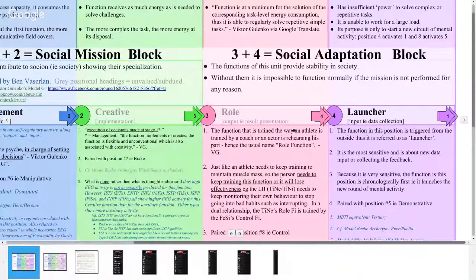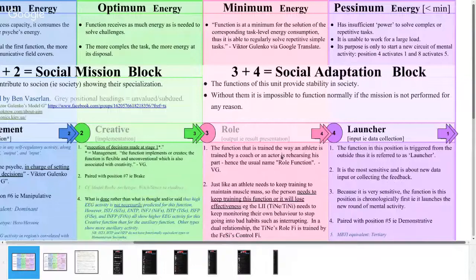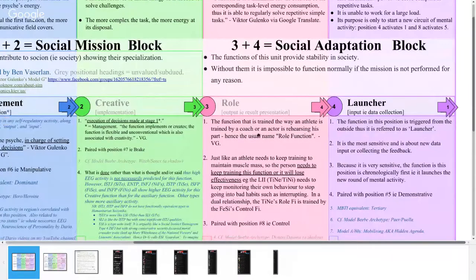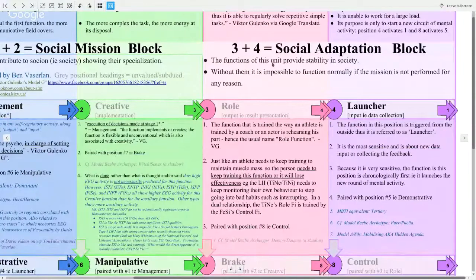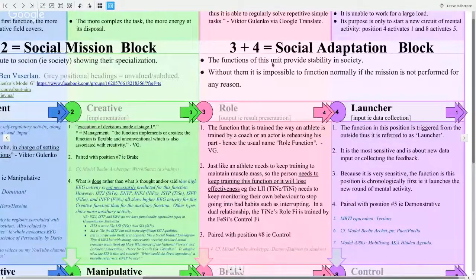So we've got here the social adaptation block. Oh, I should have said before, for the creative function: the function receives as much energy as is needed to solve challenges. The more complex the task, the more energy at its disposal. Right, role function: minimum energy and can only pretty much do simple tasks. This can also be trained up, this function.